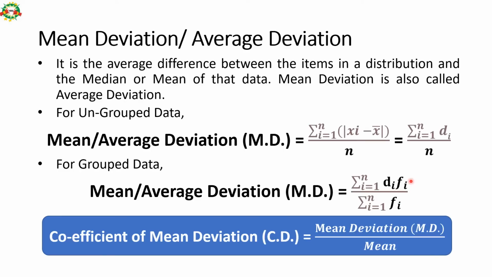You may, with very low probability, get a question on it, but still it may come. The coefficient of mean deviation is equal to mean deviation divided by mean. Sometimes the examiner asks this. It may give you the mean deviation and mean and ask you to calculate the coefficient of mean deviation.